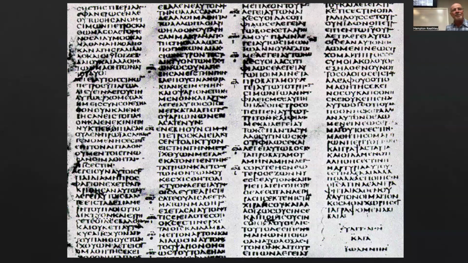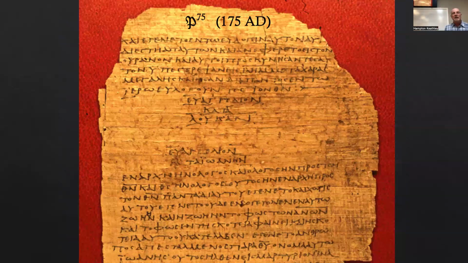So this is an example of a manuscript that's written with capitals, majuscules, uncials, and then, you know, it's got the columns, and down in the bottom right here, it says the Evangelion of John, the Gospel according to John. So they would put that at the end and the beginning of the book. And this is a papyrus.